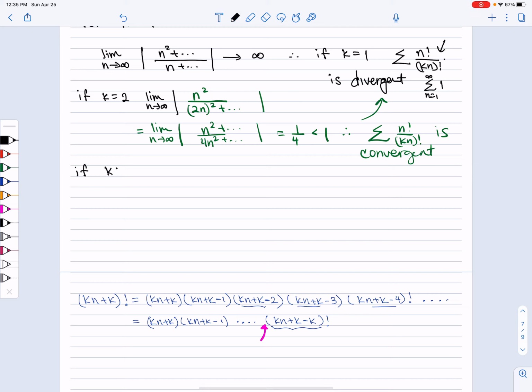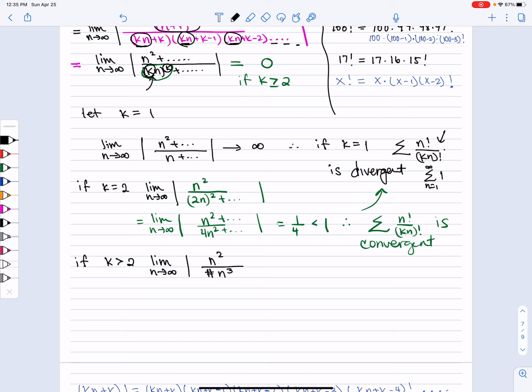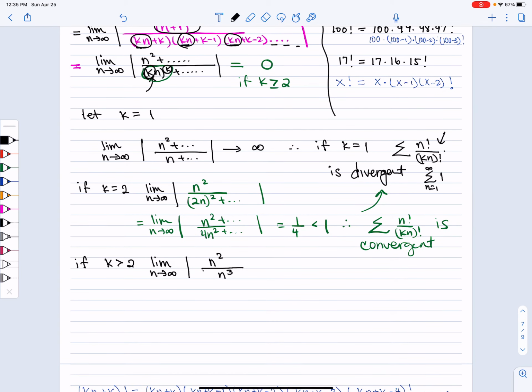And then if it's greater than 2, let's say you have the limit as n is approaching infinity, and then you're going to have n squared over some number and then n to the third power or to the fourth power. Because remember, we're talking about kn to the k power. So if k is, let's say, 3, some number greater than 2, then you're going to have 27 plus a couple of other terms, and that limit is equal to 0. 0 is less than 1, therefore convergent.